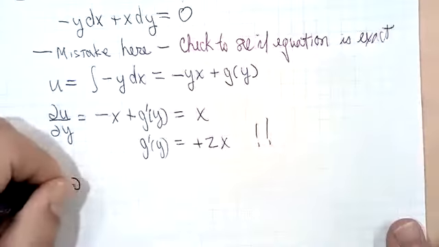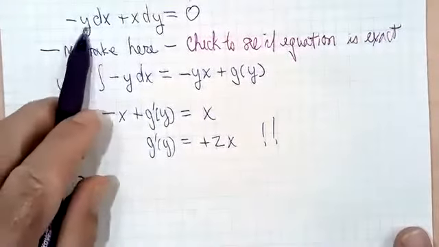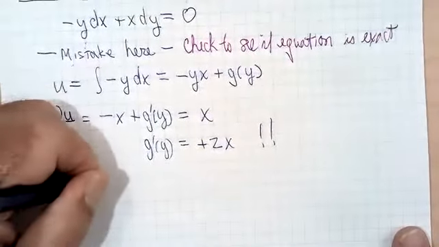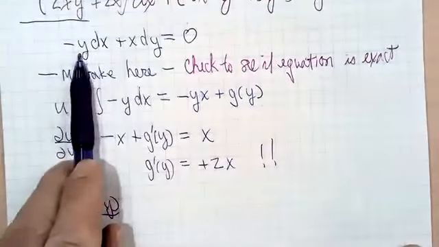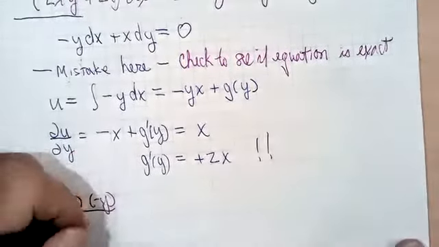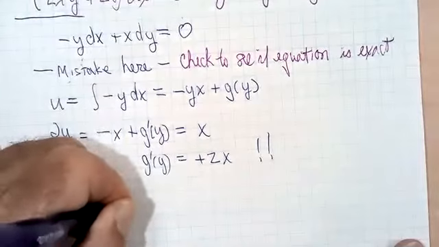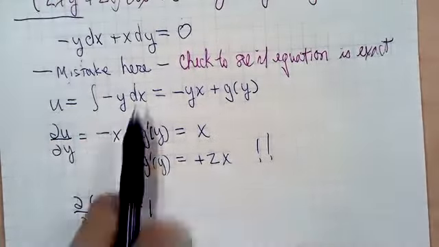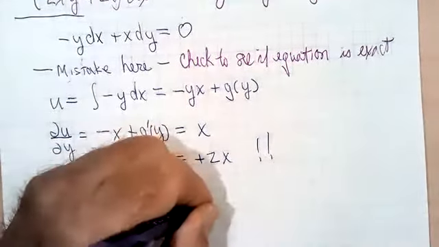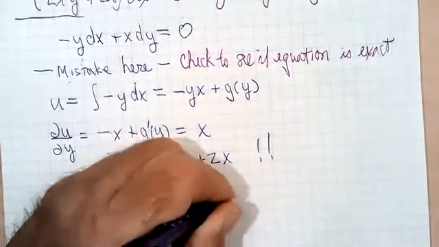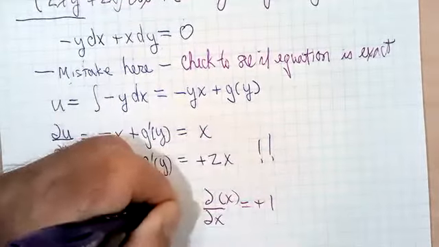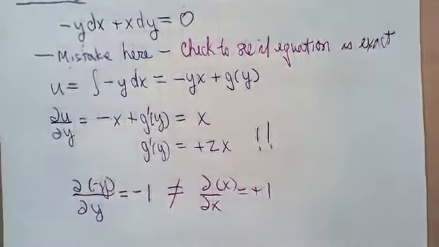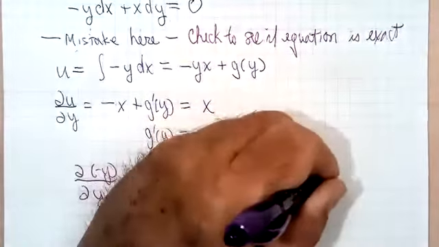I'll take the partial of this, minus y. Now here, if this were exact, this is already a partial with respect to x. So now I'll take its partial with respect to y. I get minus 1. And on the other one, I take the partial of x with respect to x, and I get plus 1. And these are not equal, so this is not exact.